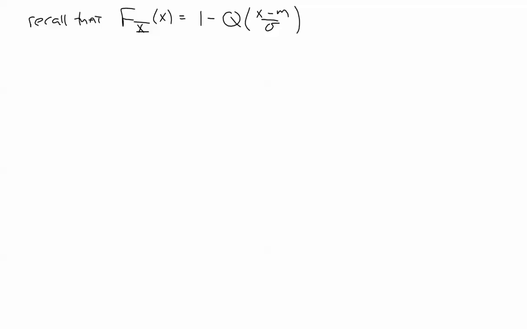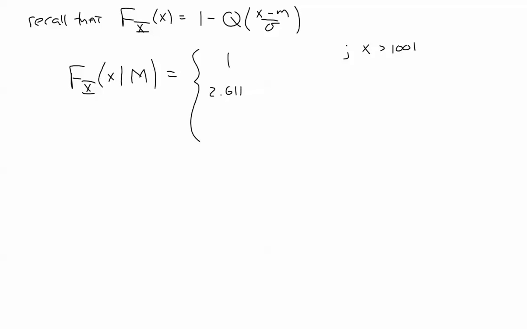So my conditional cumulative distribution function is then written as 1 for x greater than 1001, 2.6115 times (0.6915 minus Q of (x minus m) over sigma) in the middle range.